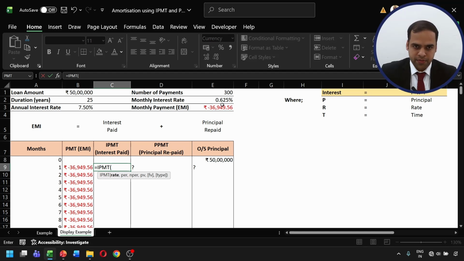So rate will be the monthly interest rate. We will freeze this cell, and it asks for period. Period is the month which we are paying the interest for, the portion of interest we are paying for that EMI.